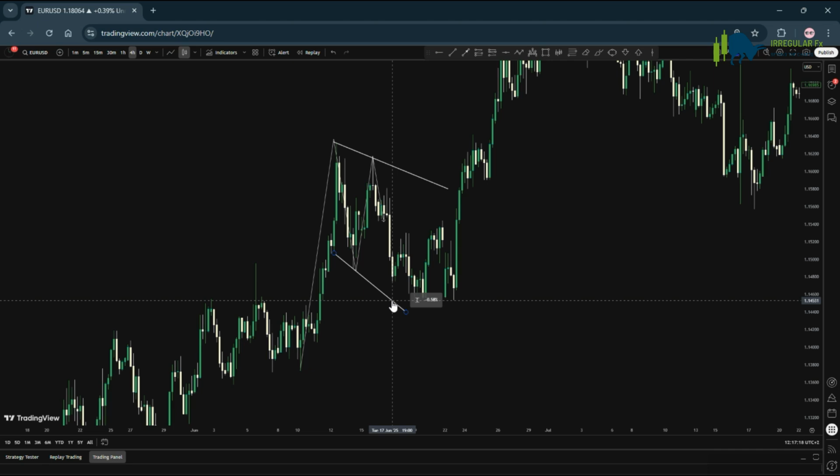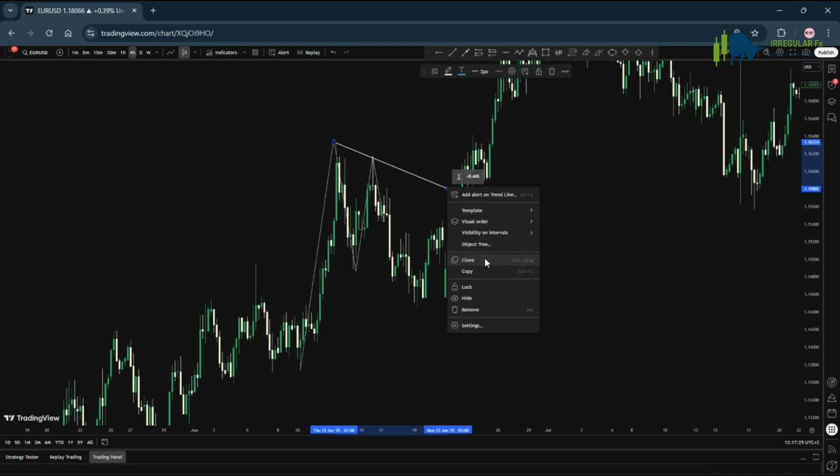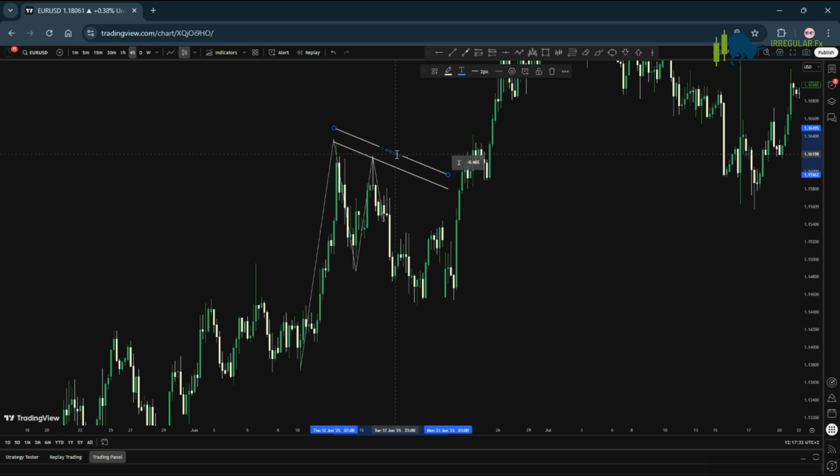So to make it easy, instead of constructing the 2 points, you can just copy the trend line, clone it like this, then attach it to the point between the two highs, the higher high and the lower high. Attach it to these 2 points if you struggle to draw the supporting trend line, so that you can have your third touch.